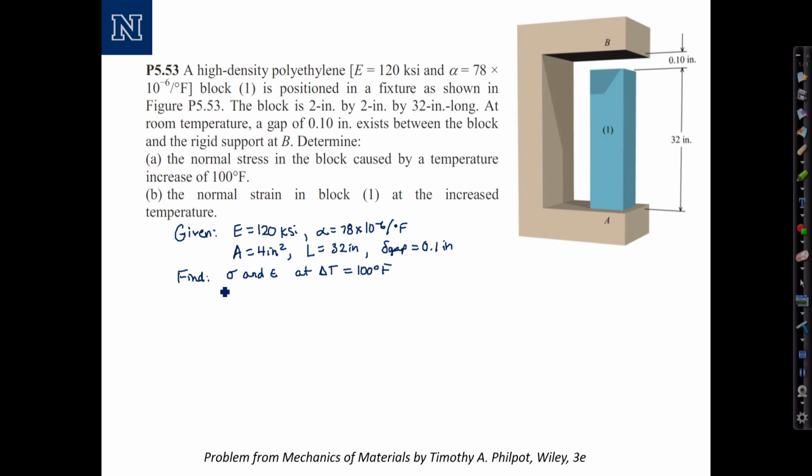Let's go ahead and record the units we're interested in. Stresses for English units typically KSI, and strains, of course, are unitless. Okay? Now, our compatibility equation for this block.